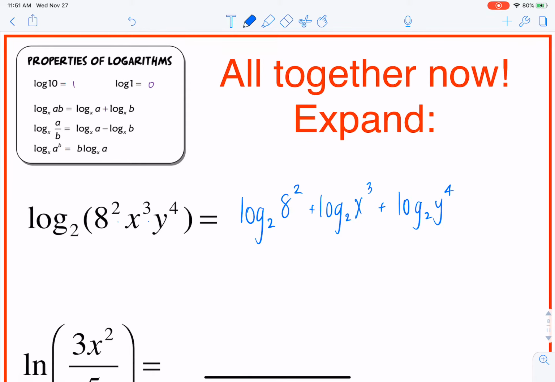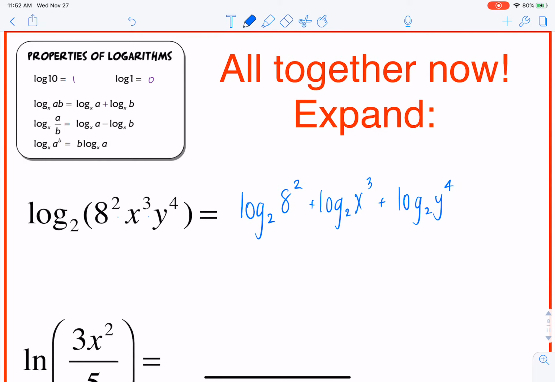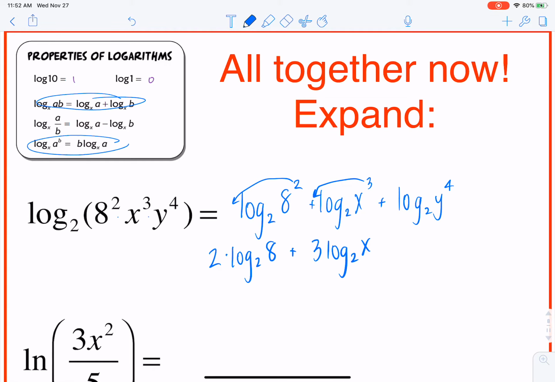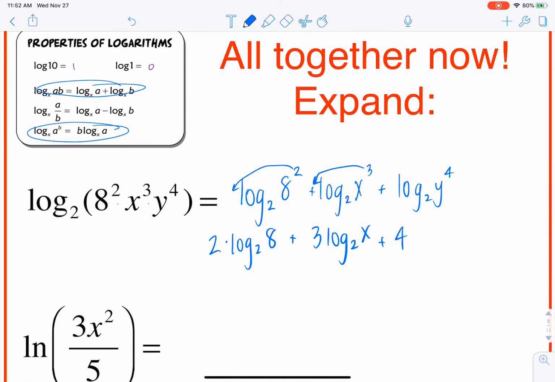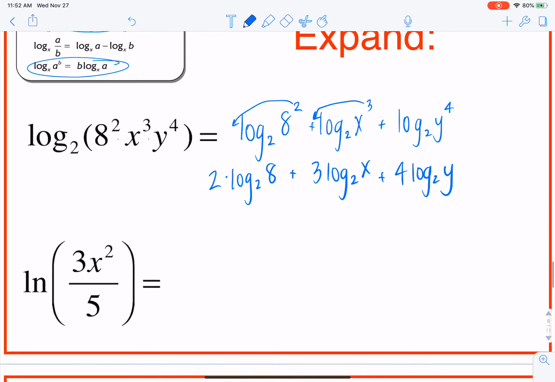So I can expand, and I'm not quite done because I can take this one step further and say that this is 2 times log base 2 of 8 plus 3 times log base 2 of x. So I'm bringing all these exponents out front here. So I'm using here my power rule and my product rule. So plus 4 log base 2 of y. So there we can expand all together.